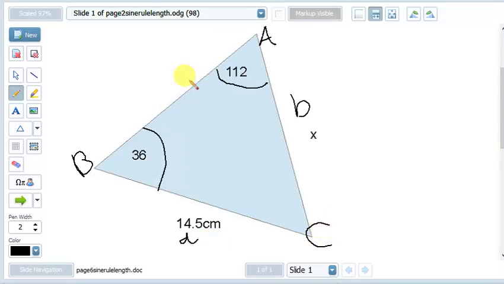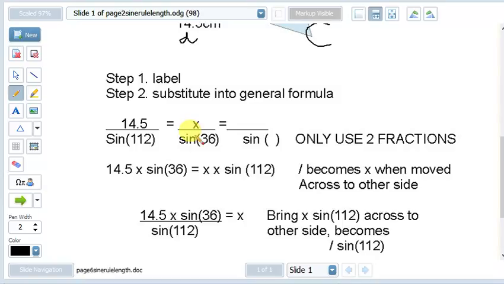This one here is capital C and little c. So I'll just write it here: capital B equals, little a equals, and little b equals.